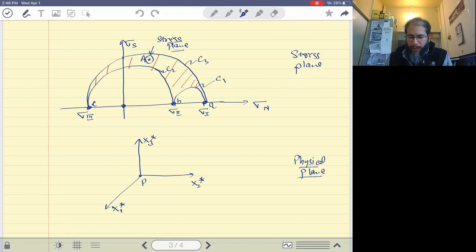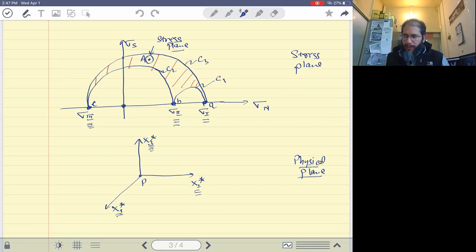So our sigma 1, which is one of the eigenvalues, if I find the corresponding eigen direction, that comes out to be x1. Similarly, for sigma 2, my second eigenvalue, the corresponding eigen direction is x2, and the same is true for sigma 3. These are my eigen directions, called the principal coordinate system. I'll be working in the principal coordinate system for this discussion, because choosing it makes our lives very easy.